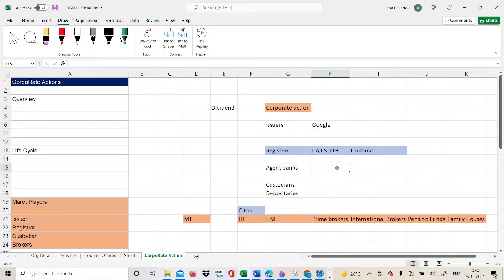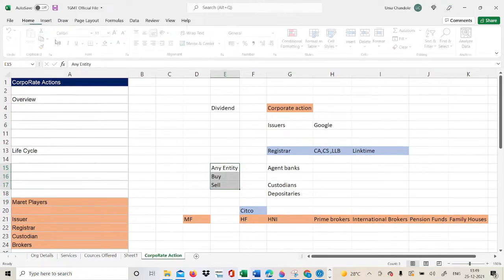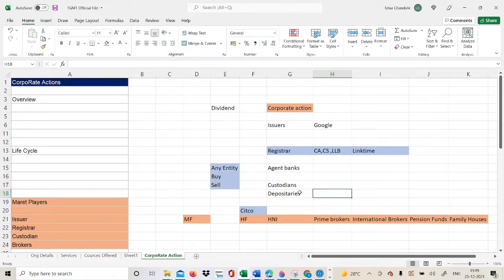Okay, then the agent banks, any entity who provides the facility to buy and sell the securities. Then the depositories and custodians. Here we'll discuss a little bit about these two players.